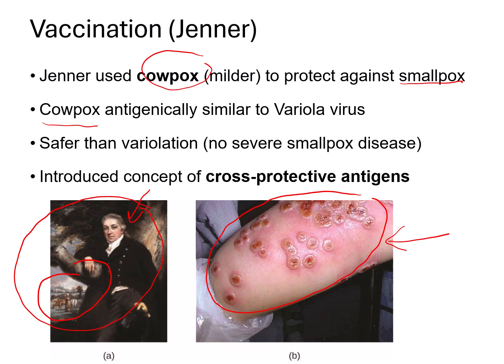So because cowpox antigens are similar to variola virus, which causes smallpox, this offered cross protection. And this drastically reduced the risk, like we saw in variolation, and led to the modern concept of vaccination. And vaccination comes from that Latin word for cow.